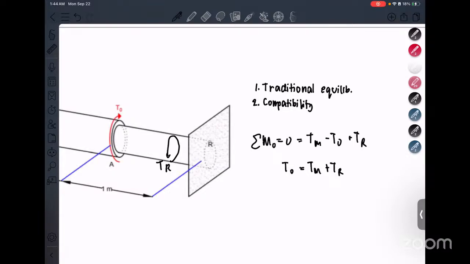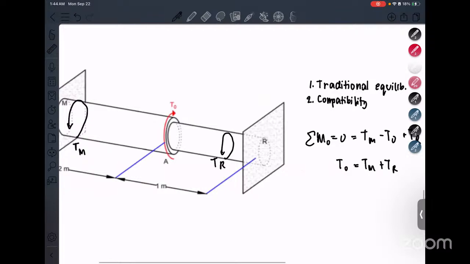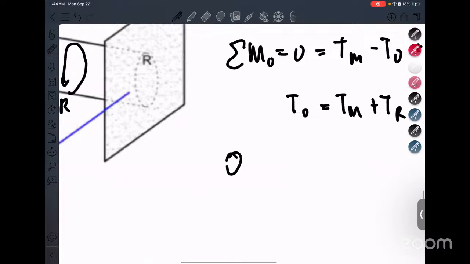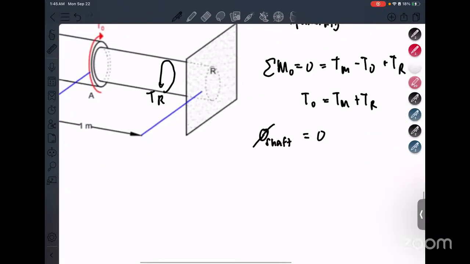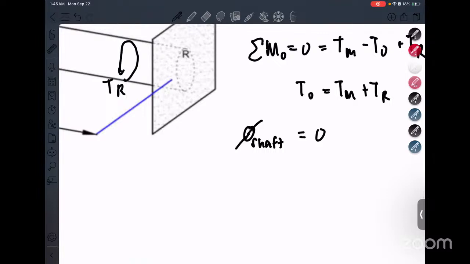So recall, the way we can relate the whole shaft together is if it has fixed supports on both sides, then along the whole shaft, the angular twist should be zero. However, we can subdivide the shaft into individual subparts, which can have twist within them.